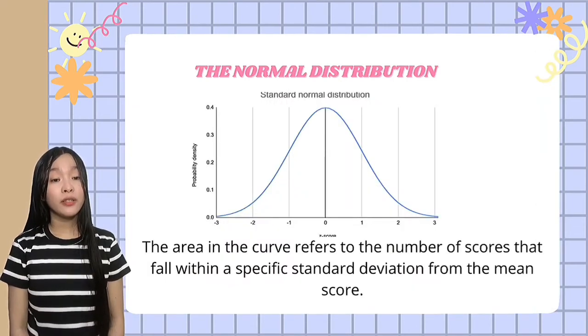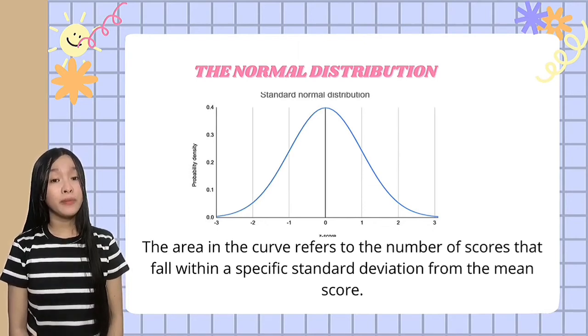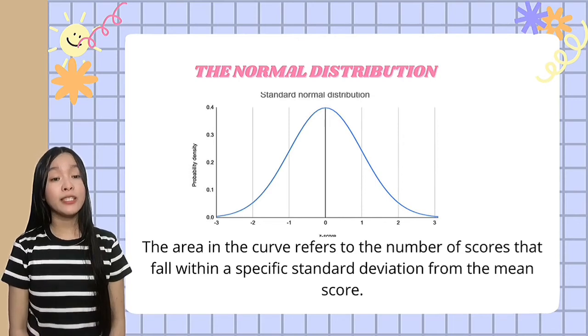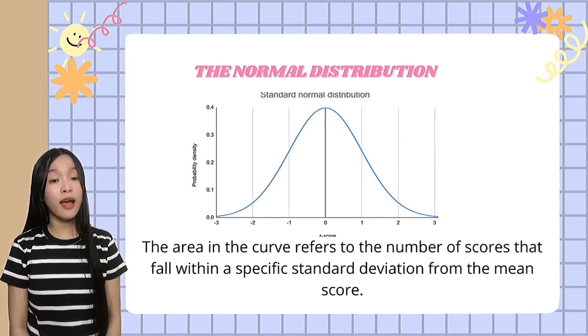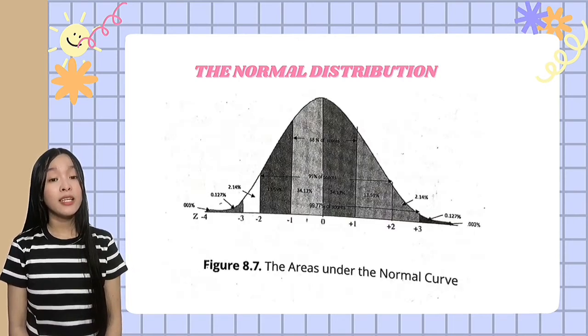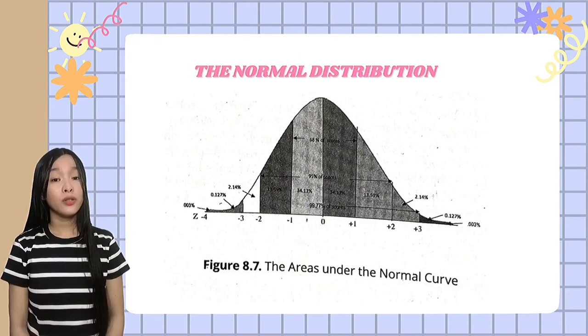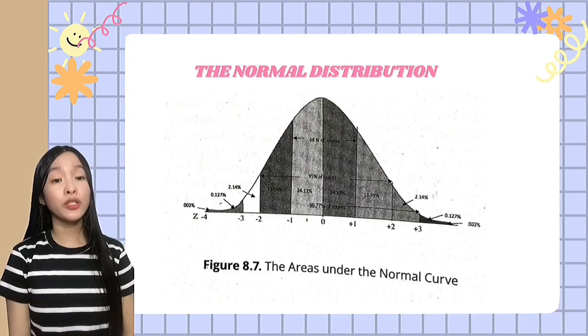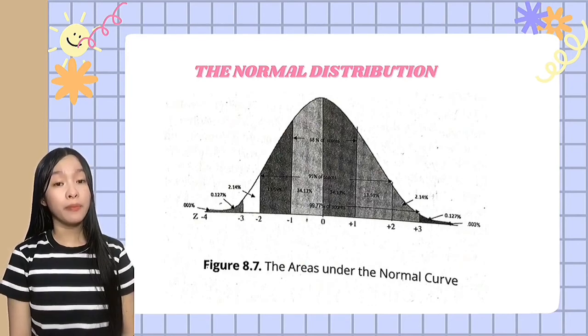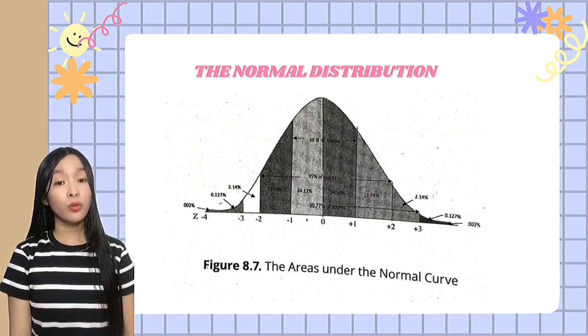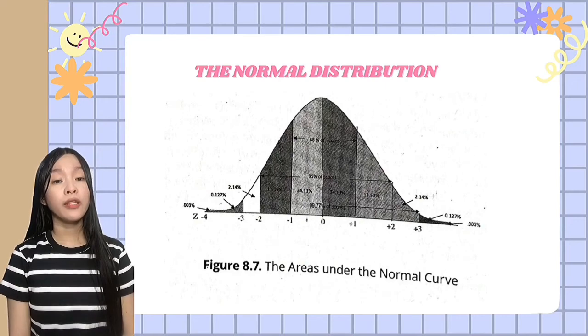The area in the curve refers to the number of scores that fall within a specific standard deviation from the mean score. There are fixed percentages of each portion under the curve, such as 68%. So this is the area under the normal curve, and 68% of the scores fall between 1 standard deviation below and above the mean. 95% of the scores fall between 2 standard deviations below and above the mean.